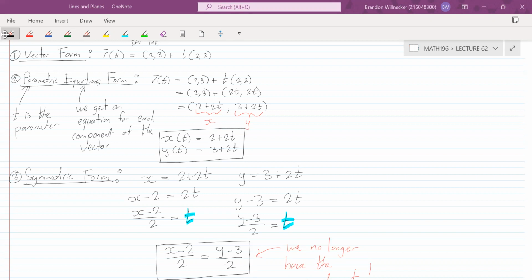Okay, so this example was in R2. Let's have a look at an example in R3.